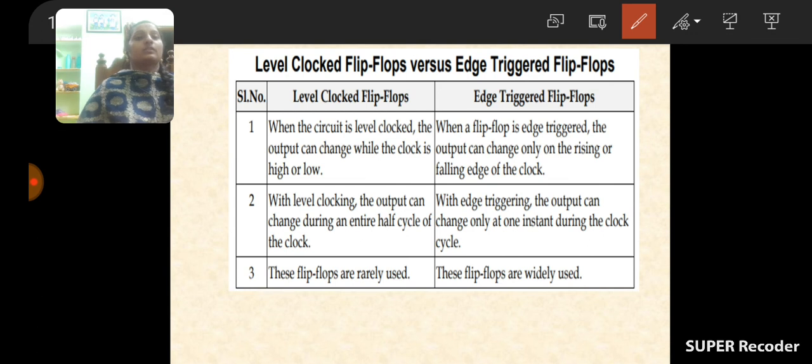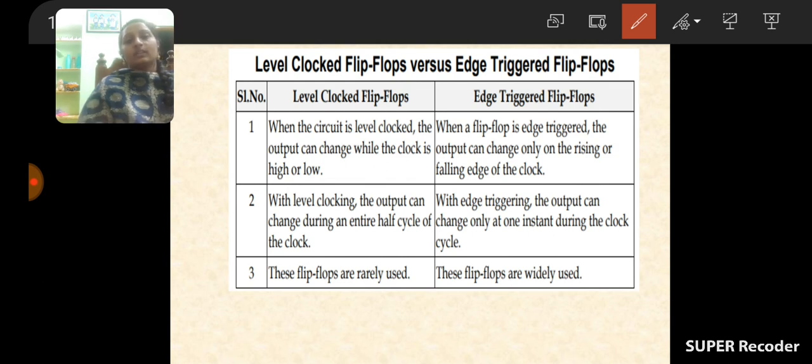And coming to the edge triggered flip-flop, the output of the flip-flop is changed either at the positive edge or at the negative edge of the clock pulse. If the output is changed across the positive edge of the clock pulse, then the triggering is called positive edge triggering. If the output is changed across the negative edge, then that is called negative edge triggering.